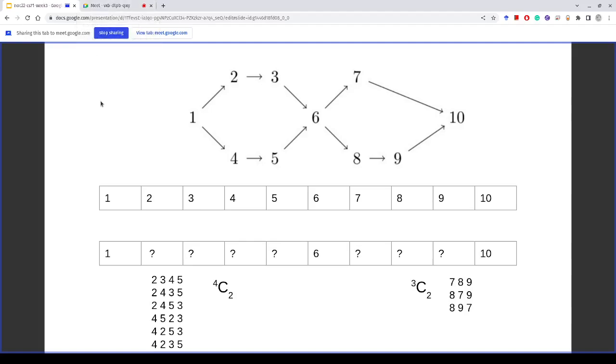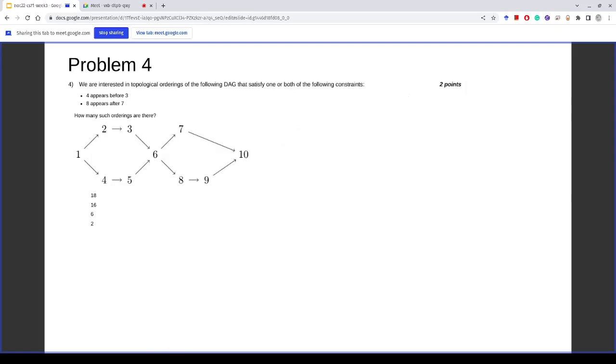Now what I want you to do is read the question carefully once more and apply the 2 constraints that are given here. The question is, it should satisfy one or both of the following constraints. So even if a topological ordering satisfies one constraint but doesn't satisfy the other, it's okay, as long as it satisfies at least one.